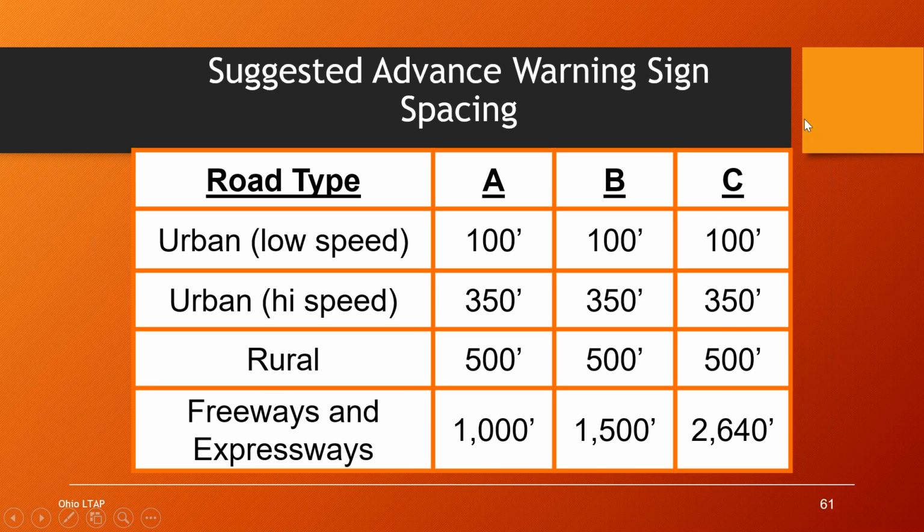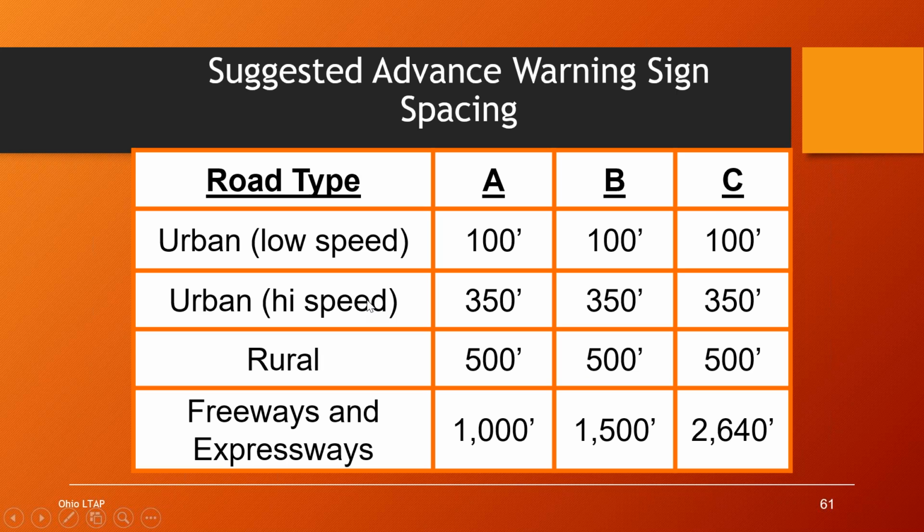There's this table, it looks like this. As you can see, we have an A, B, and C at the top of the table, and on the left, we have the different types of roadways. We have urban low speed roadway, urban high speed, rural, and expressways and freeways. So if you're flagging on a rural roadway, then A, B, and C would be 500 feet between each sign.